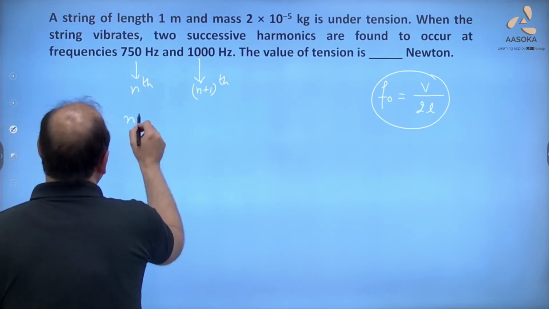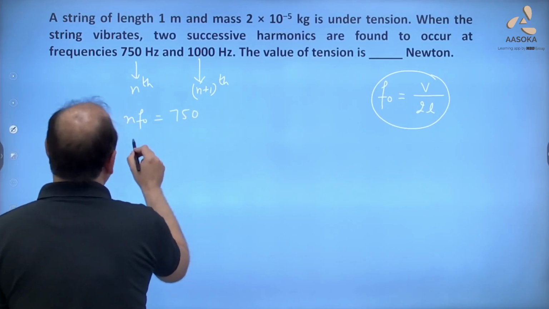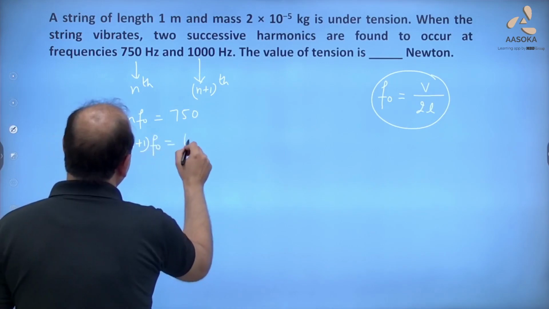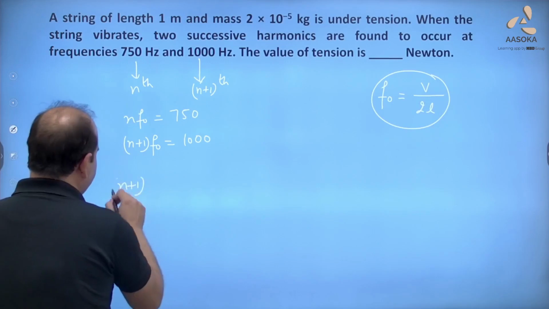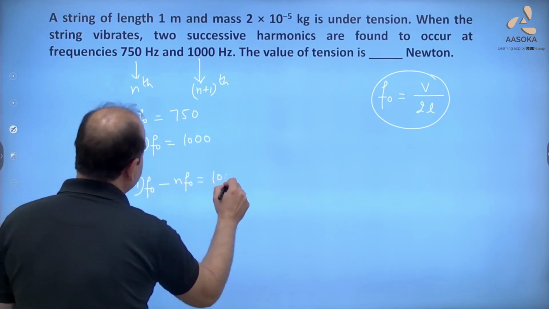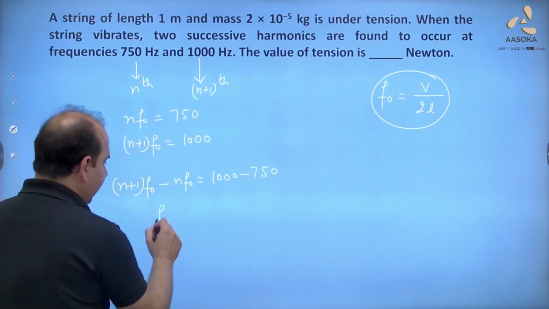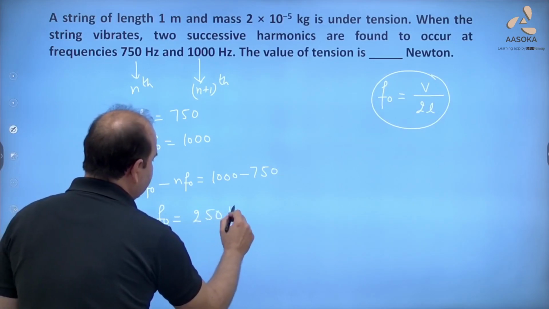So n times the fundamental frequency is 750 Hertz and n plus 1 times fundamental is 1000 Hertz. So n plus 1 f naught minus n f naught is 1000 minus 750. So we get f naught, the fundamental frequency, as 250 Hertz.